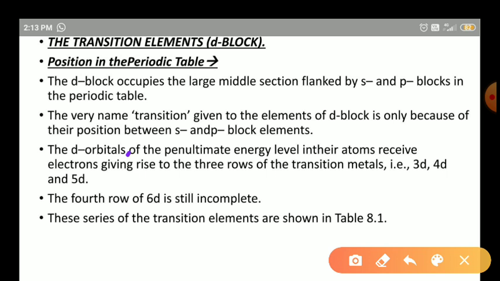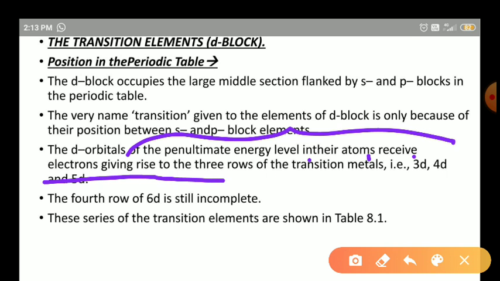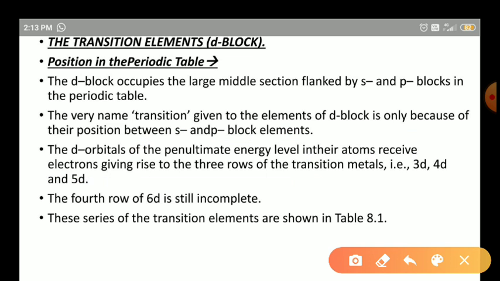The penultimate energy level in their atom receives electrons, giving rise to the three transition metal series.